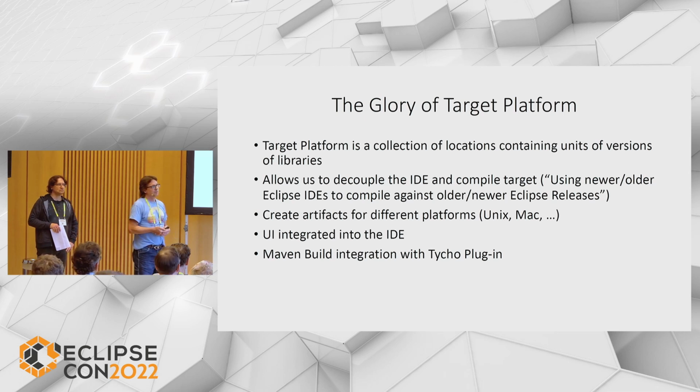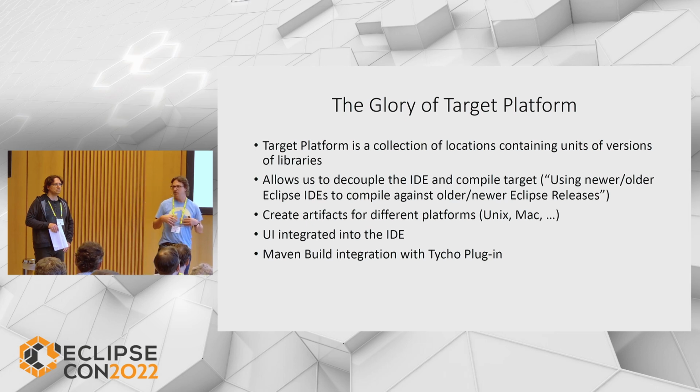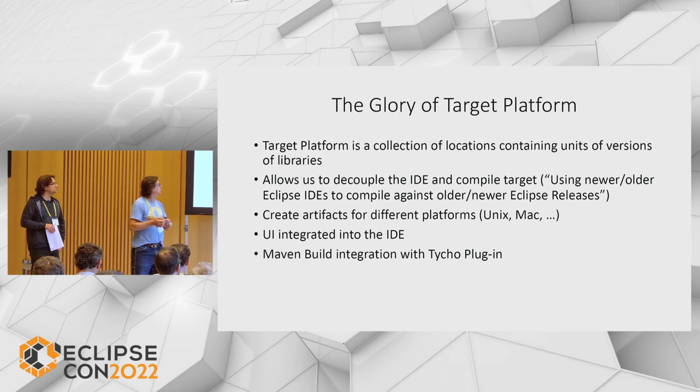Also, I think the main use case for the target platform could have been to decouple the actual working IDE from the IDE you are planning your project to deploy with. So you're working with the latest Eclipse IDE, but the product is 10 years old, and you compile it against the old Eclipse version, and that's what the target platform is just perfect for. As well as for different platforms, of course.